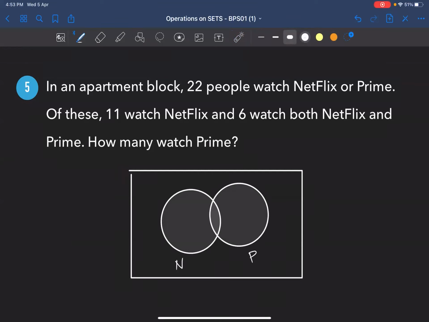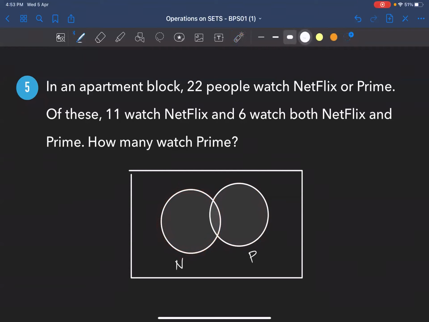So they're saying 22 watch Netflix or Prime, right? So if 22 watch Netflix or Prime, that means this region, this entire thing. Now 11 watch Netflix, this is the region that represents Netflix.